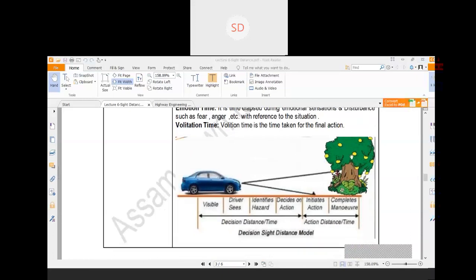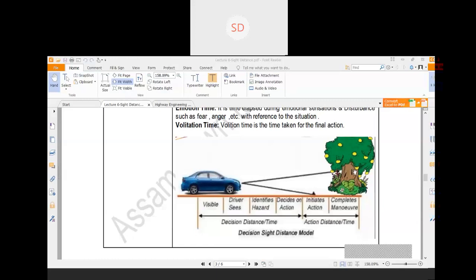Whenever you see this obstruction, what will happen? We have receptors in terms of our eyes, nose, or skin. So we see this object. After seeing this object, some sensation will pass through our nervous system from our eyes to our brain.